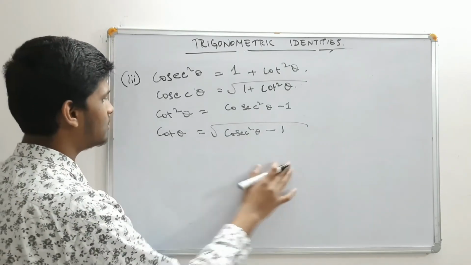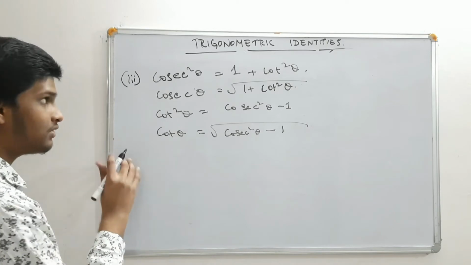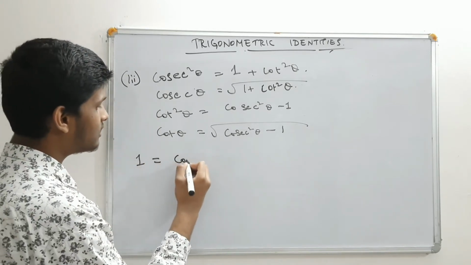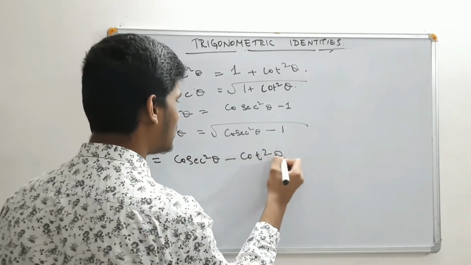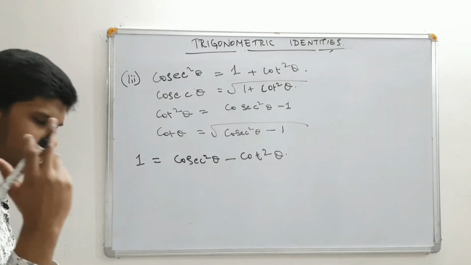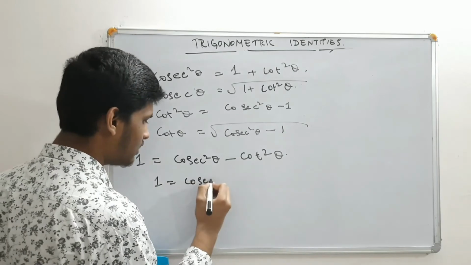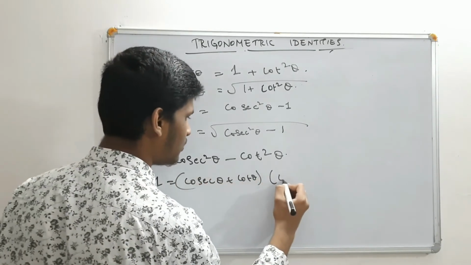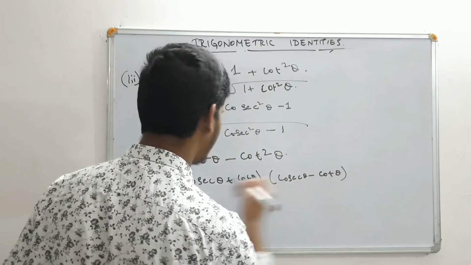So here, three formulas came from one formula, and this one is the same as what we did. If you want 1, that is cosecant square theta minus cot square theta. So this is again a square minus b square, (a plus b) into (a minus b). So 1 is equal to (cosecant theta plus cot theta) into (cosecant theta minus cot theta).